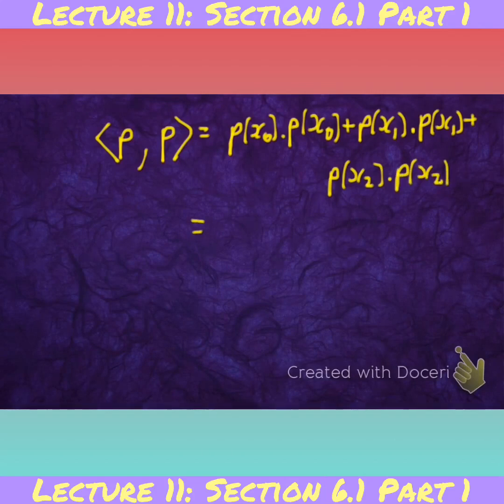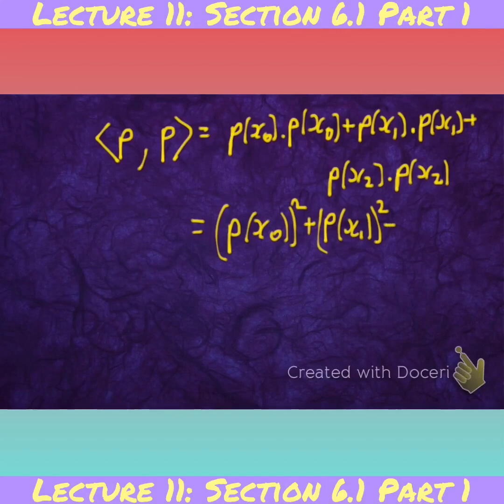Now that is going to be p in the point x0 squared plus p in the point x1 squared. And again, we seem to be having a sum of positive real numbers, and that is most definitely at least equal to 0.